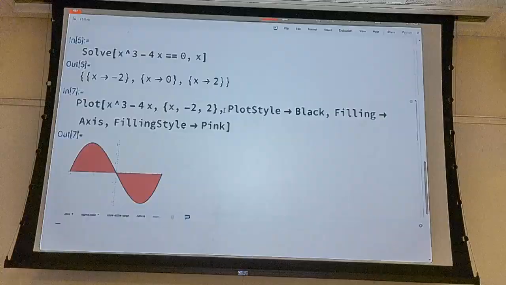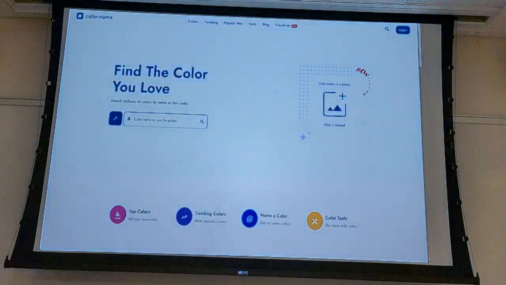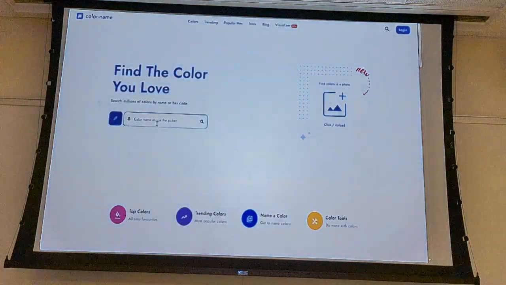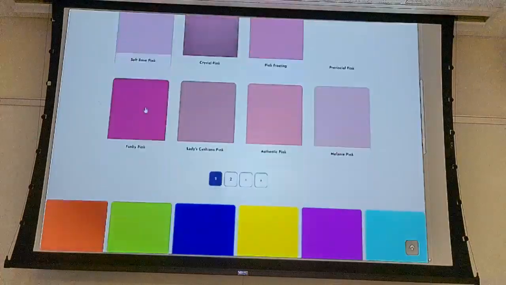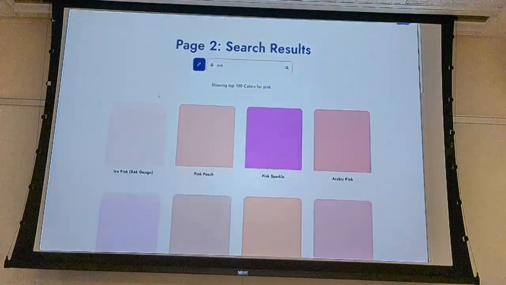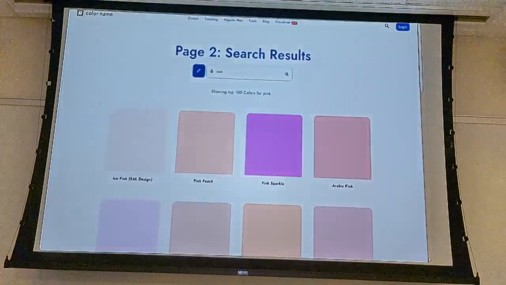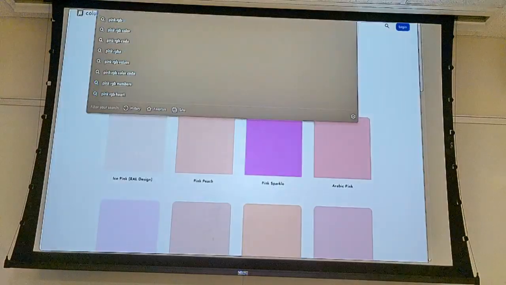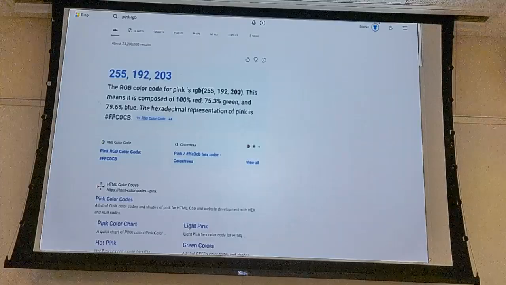So let me actually just go up and look up what pink actually should be. I mean, it's right here. Colors. Just one regular pink. All right, well then I'm just gonna do this. Pink RGB. There, that's what I want.